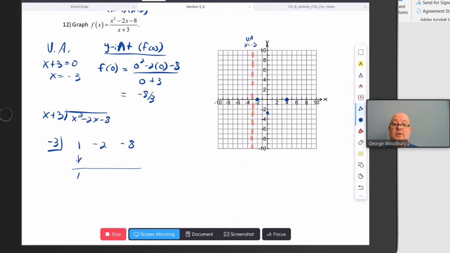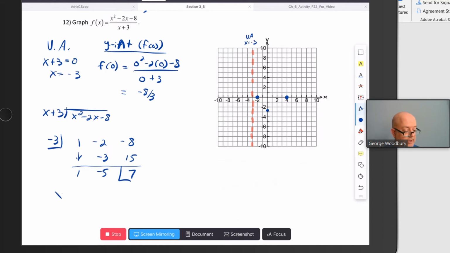Multiply. Negative 3 times 1 is negative 3. Total the column, negative 5. Negative 3 times negative 5 is 15. Total the column, we get a remainder of 7. So the quotient here is x minus 5 plus 7 over x plus 3. And that makes the slant asymptote y equals x minus 5.